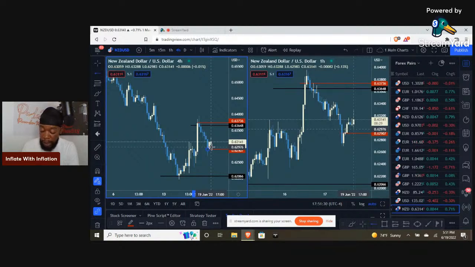All right, so 4 hour, the strengths in rank of order. We have US dollar at +7. Swiss franc at +3, euro at +3.